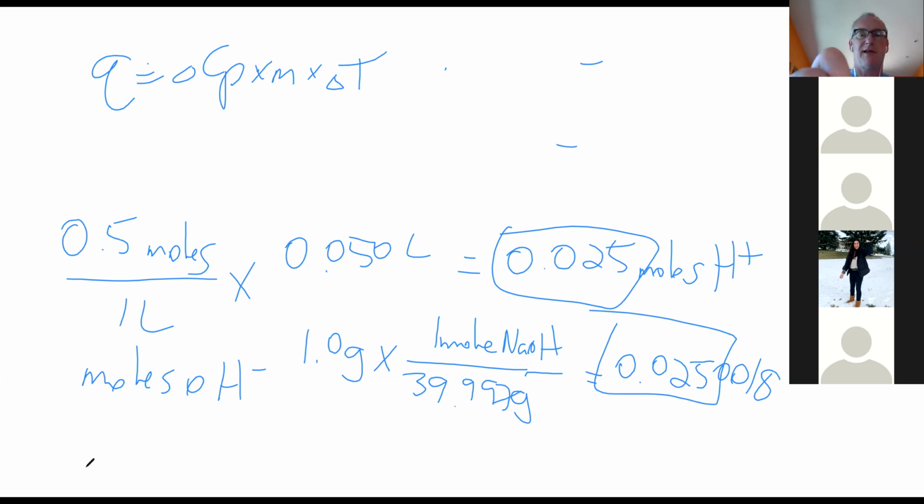So what's our specific heat? It should be the specific heat of HCl. But HCl is a solution. What's it a solution of? It's a solution in water.